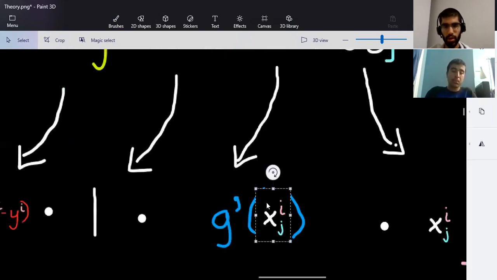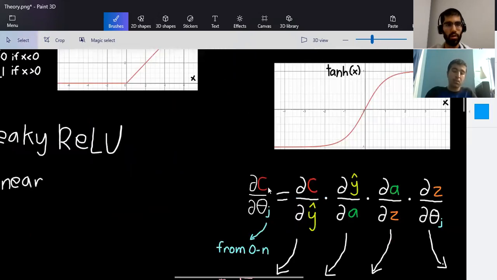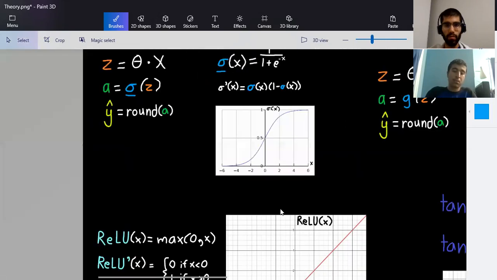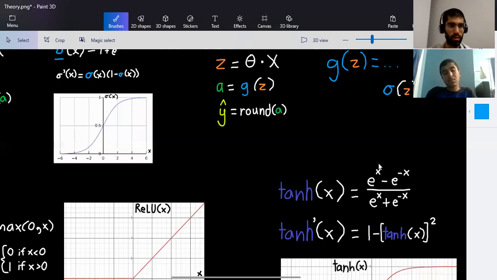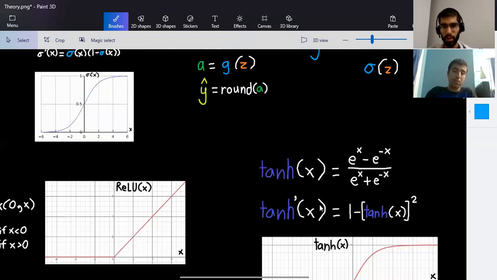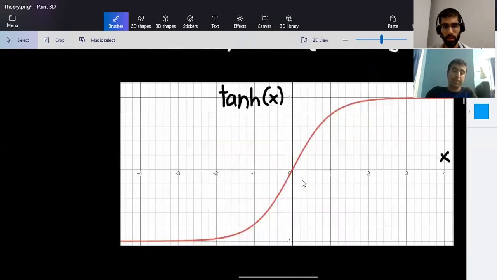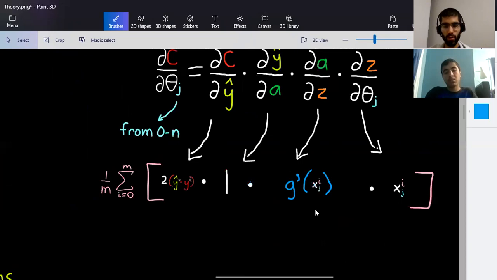X at the ith example for the jth input feature. So instead of just having the sigmoid derivative plugged in here, we can have all of these derivatives depending on what the activation function is. Making sense? So these formulas are just for you to know so that when you're doing backpropagation, you can plug in the right values over here.